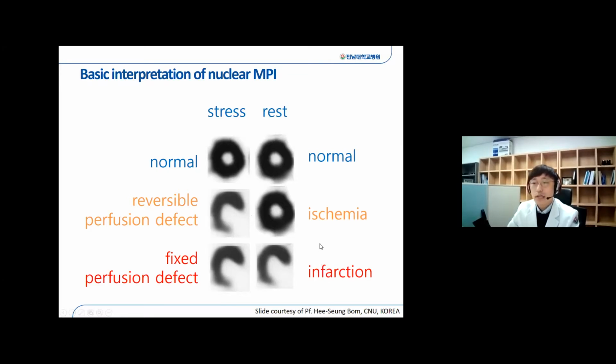We generally recommend revascularization in patients having a significant reversible perfusion defect, which means a very significant myocardial ischemia. So this kind of practice is called perfusion or ischemia-driven PCI.